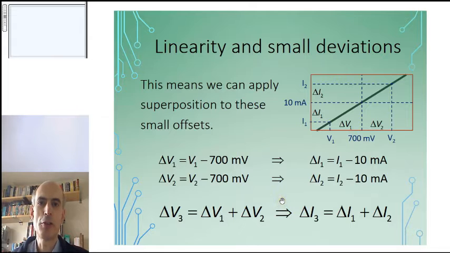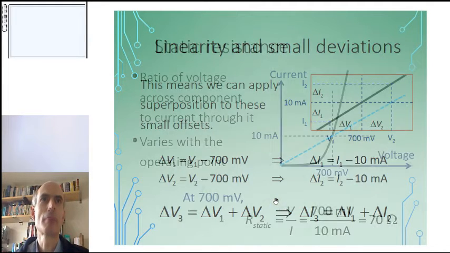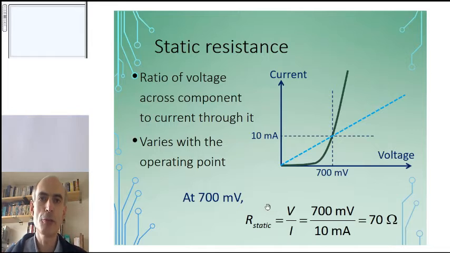In the remainder of this video, I just want to introduce two new terms and another definition of linearity that we sometimes use. The first of the new terms is static resistance. The static resistance is the total voltage across a component divided by the total current flowing through that component.